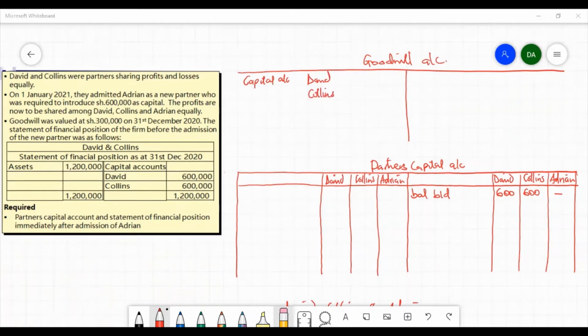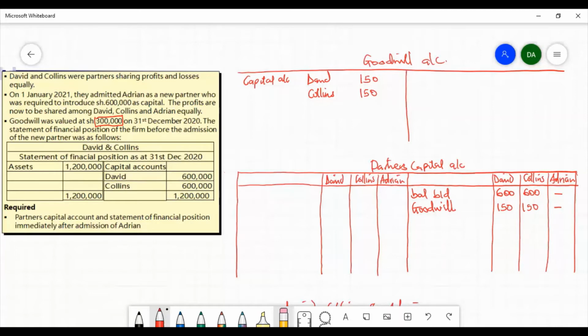David will have 150,000 of the share of goodwill, because goodwill is a total of 300,000. So shared equally is 150,000 and 150,000. That amount is credited in the partners' capital account as goodwill: 150,000 for David and 150,000 for Collins. There is none for Adrian, because Adrian is just being admitted.